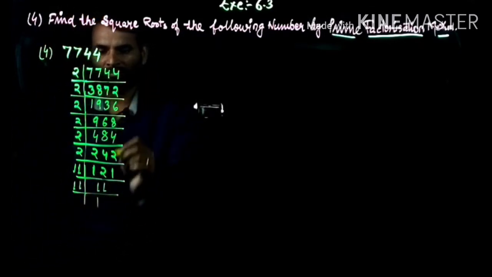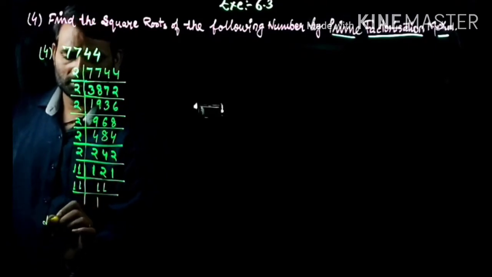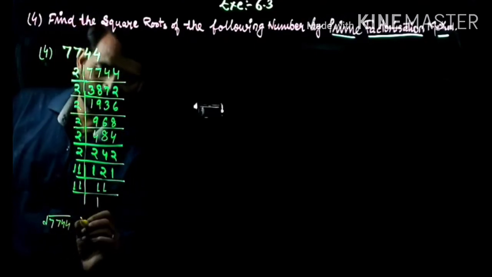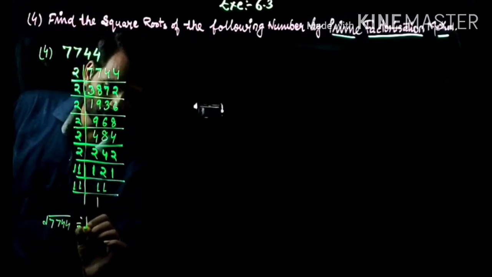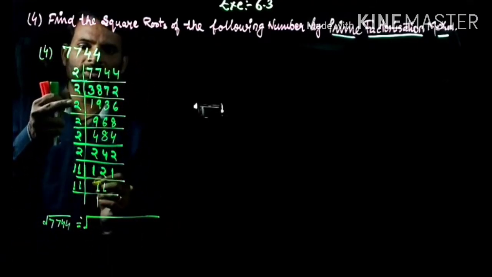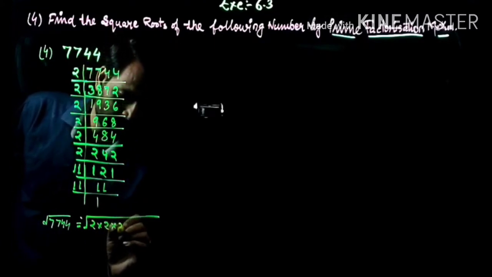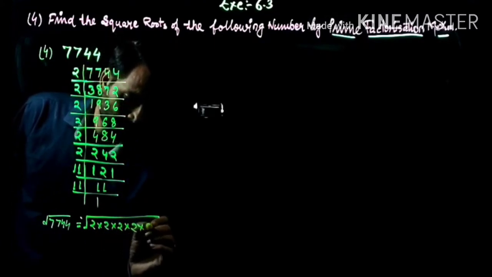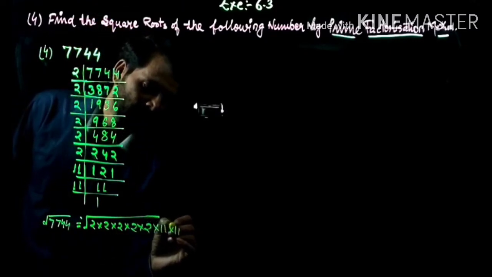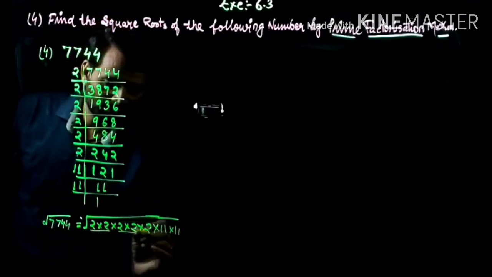So this finishes the prime factor method, and you write the factors. The root of 7744 is equal to the root of, how many times? 1 2 3 4 5 6. There will be 2 into 2 into 2 into 2 into 2 into 2. This is 6 times, and 11 multiplied 2 times. Okay, the pairs are first pair, second pair.